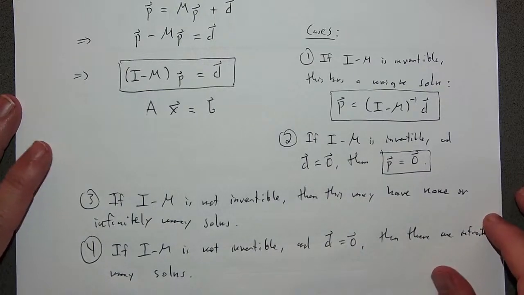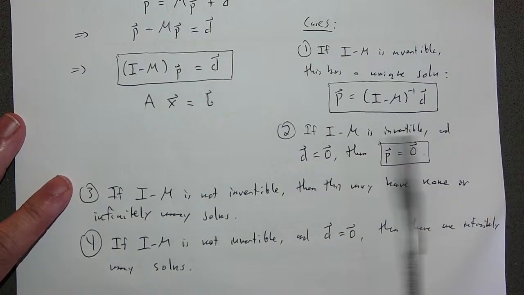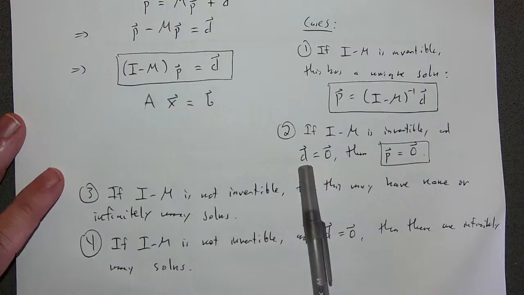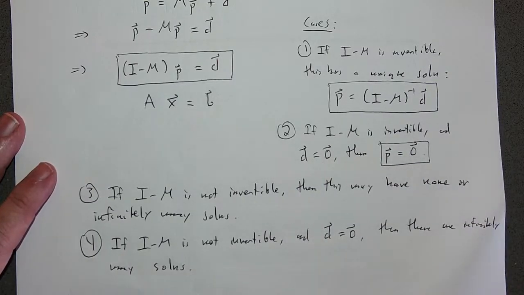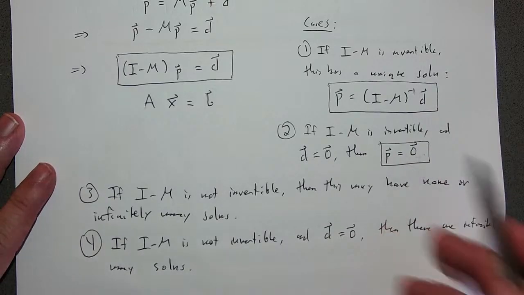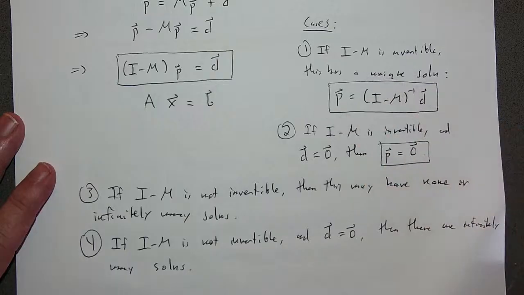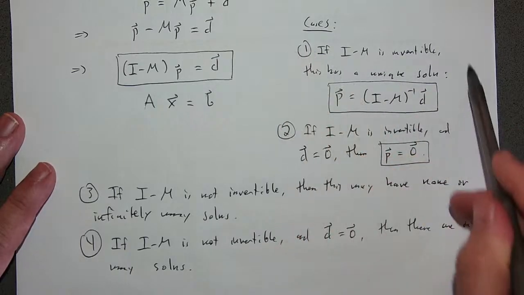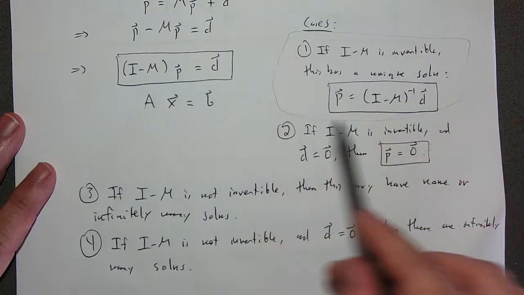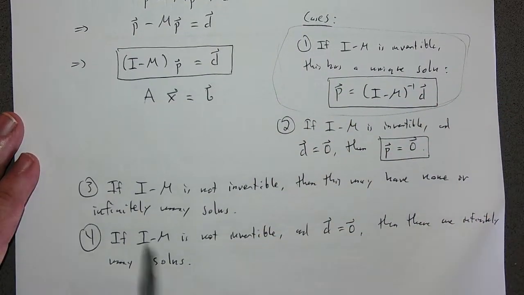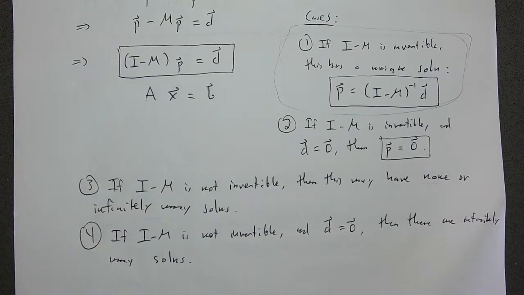If we're talking about picking a matrix out of a hat, in the second case we have an invertible matrix, but the external demand vector is 0. In this case, the production vector is 0. That's our unique solution in that case, just the trivial solution, the zero vector. So that's not so interesting. Having a unique solution is nice, and if we believe the previous analysis, this is going to be the most likely case. In the event that the matrix is not invertible, then this might have none or infinitely many solutions. We know that's not saying much in terms of linear algebra.